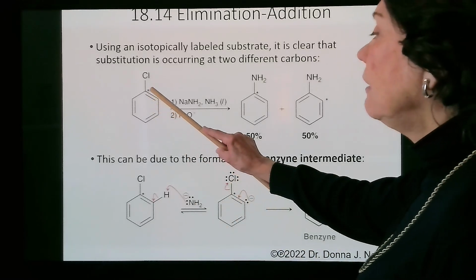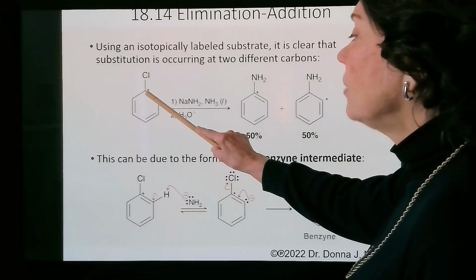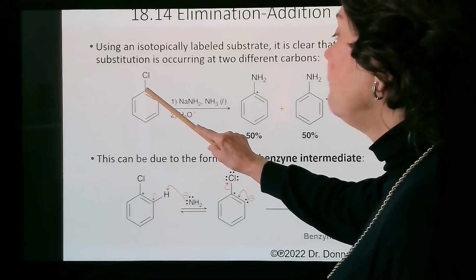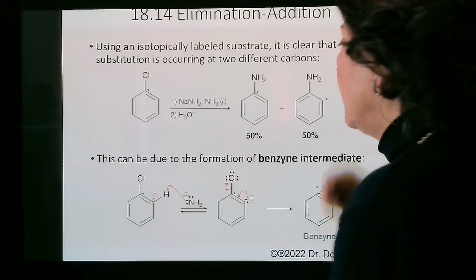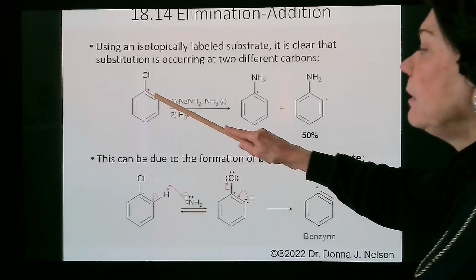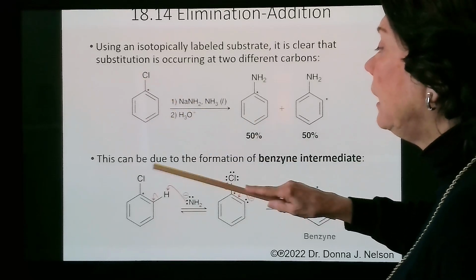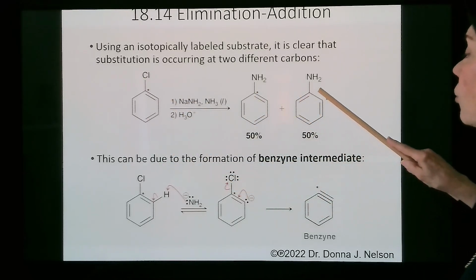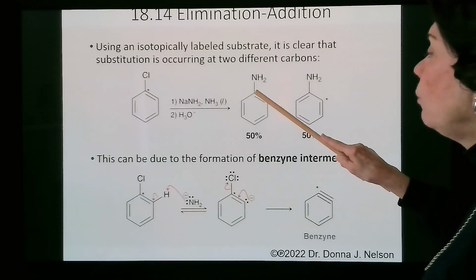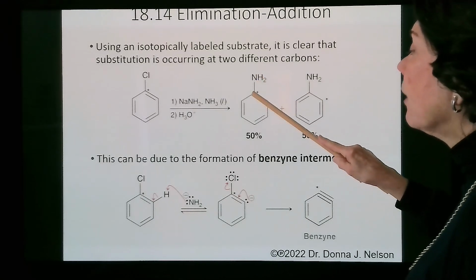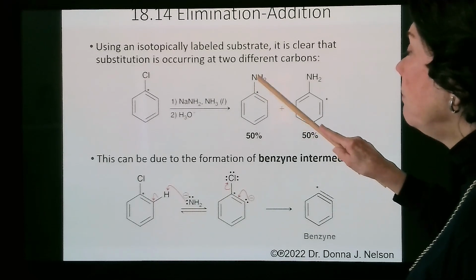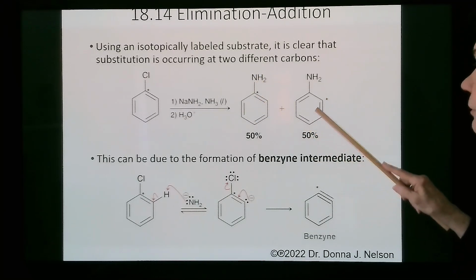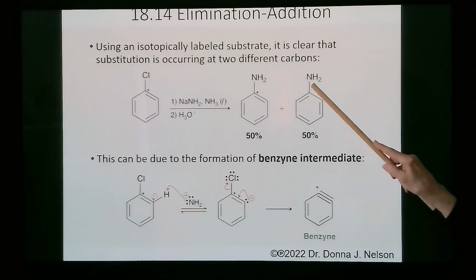If you label this, say, with C14 or C13, if you put a carbon label at the position bearing chlorine, you find out that the carbon label has been scrambled. It will be at the position bearing the incoming amino group, and also ortho to that position.